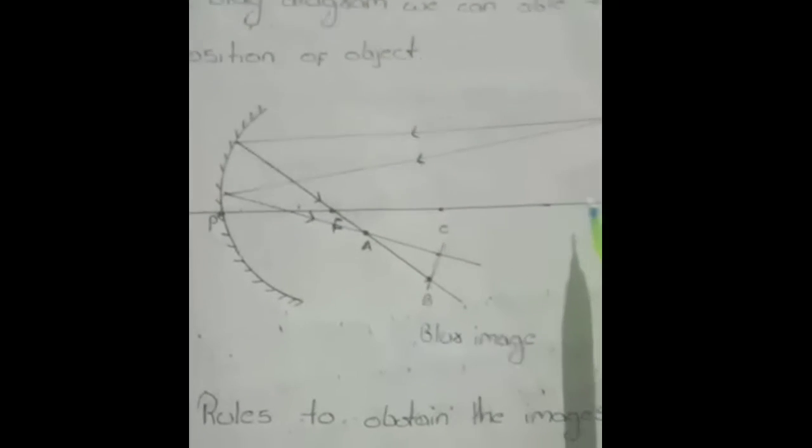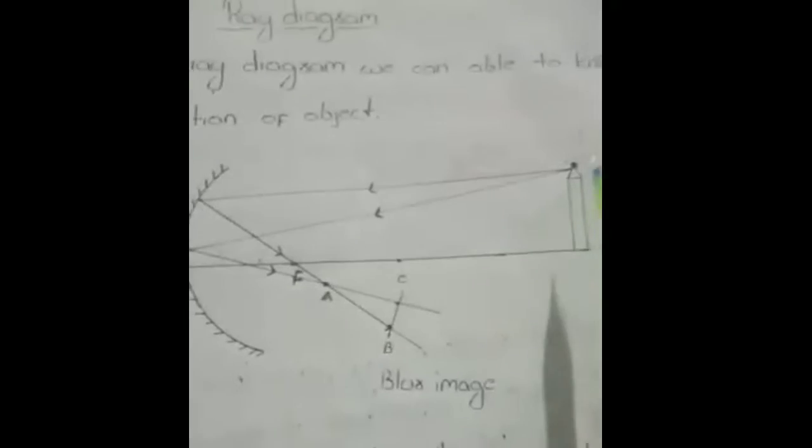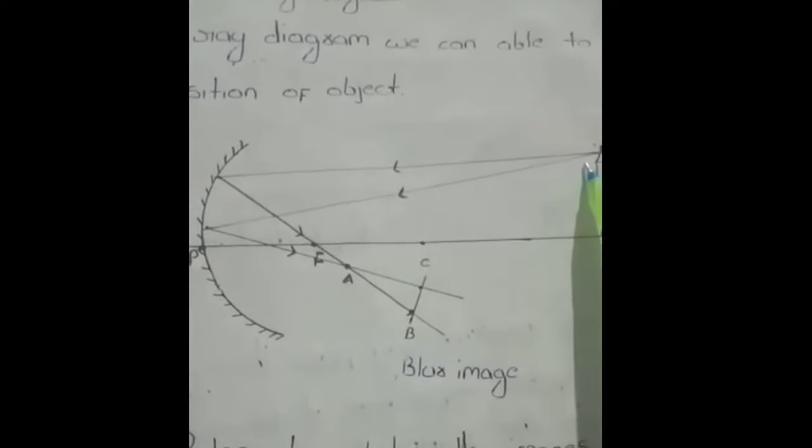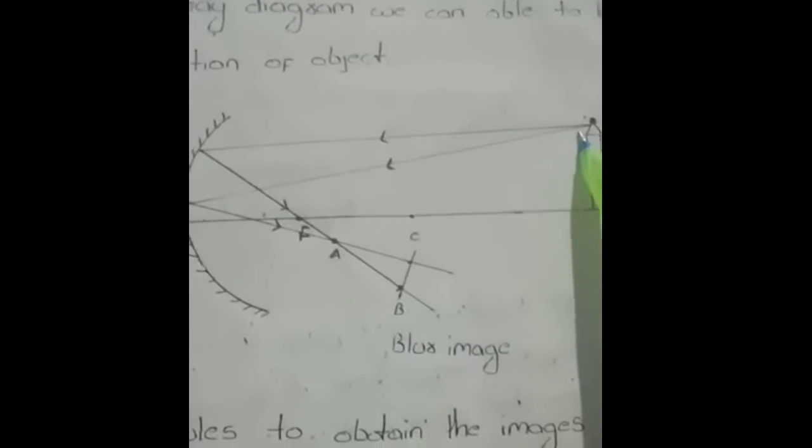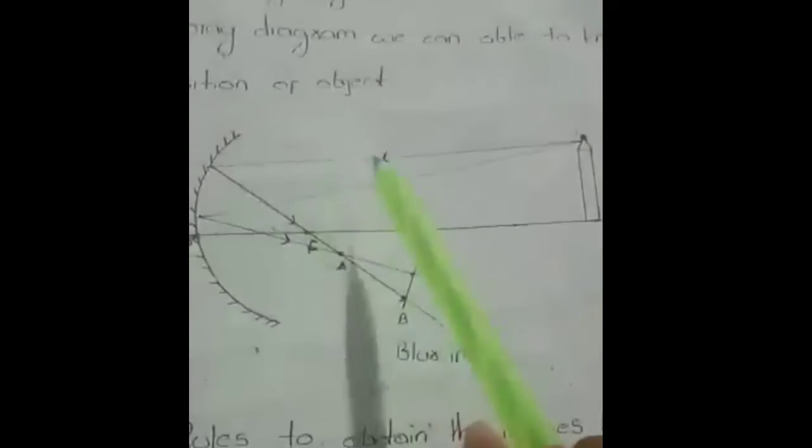How to draw the ray diagram? If the object is on the principal axis, while drawing a ray diagram we should take at least two rays emitted from the same point in different directions.